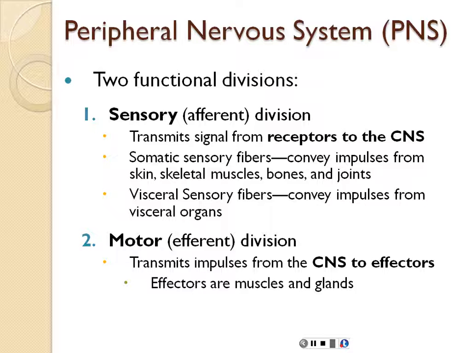So you have visceral sensory and somatic. Okay. So visceral, you all have seen the word viscera, visceral this, visceral that in 201. What is visceral referring to?